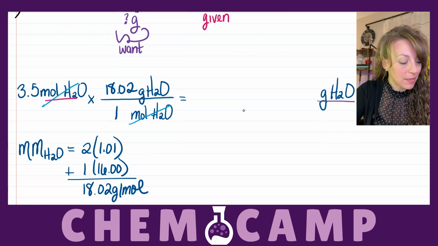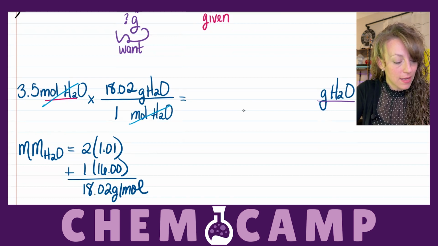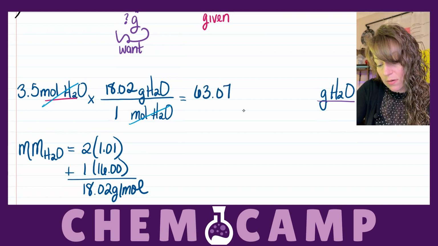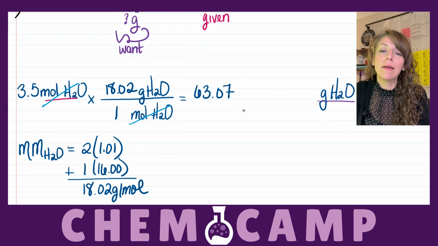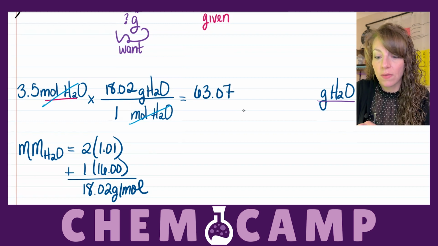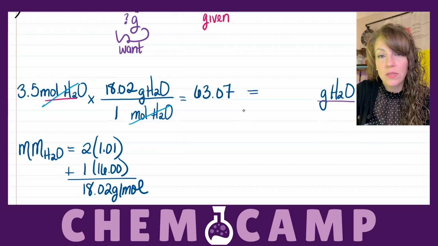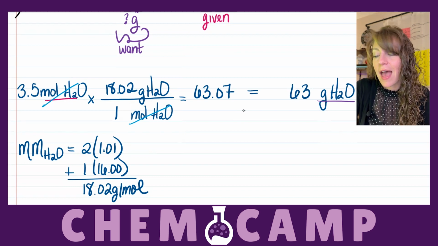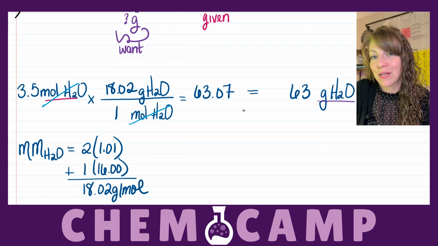So here I'm going to take 3.5 times 18.02, and my calculator tells me I've got 63.07. However, in that given 3.5, I've only got 2 sig figs, so I can only have 2 sig figs in my answer. So I'm going to report my final answer as 63 grams of H2O.